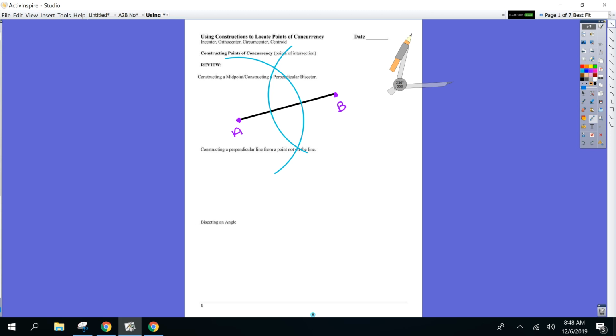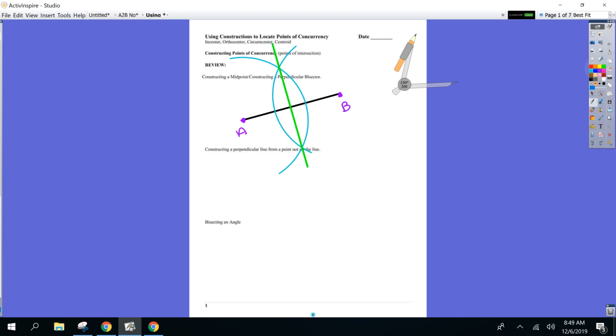Now, as you draw this line in through your 2 points of intersection, what is this line called that you are now drawing in with your straight edge? That is the perpendicular bisector. Right here, that line is your perpendicular bisector.